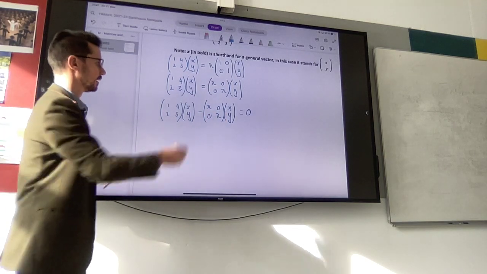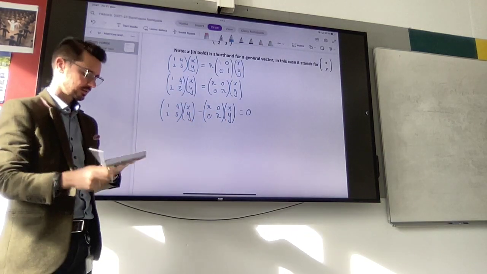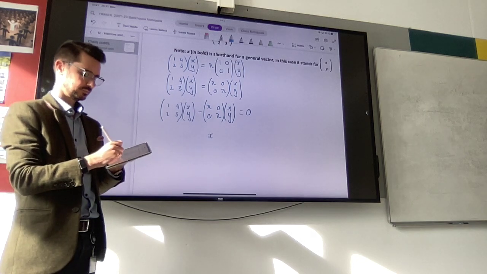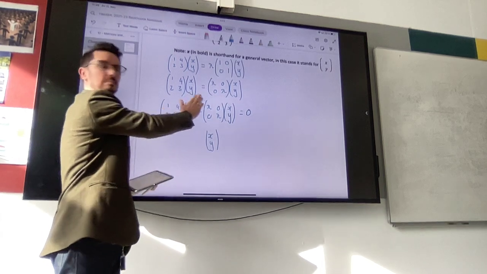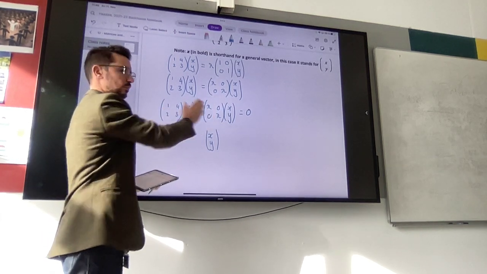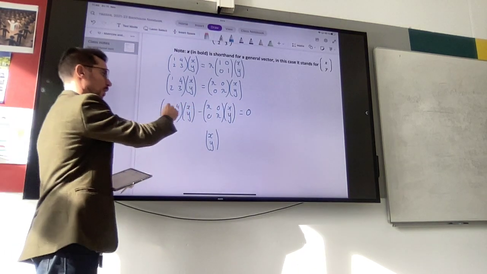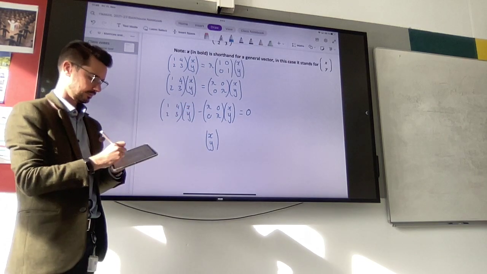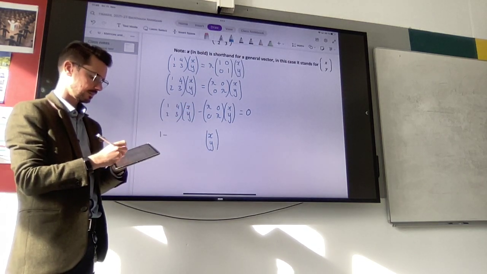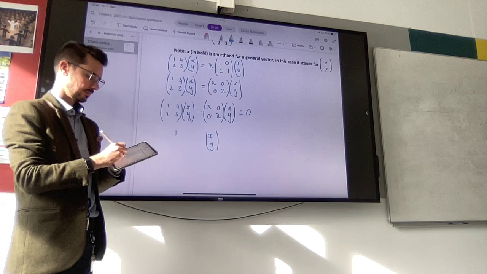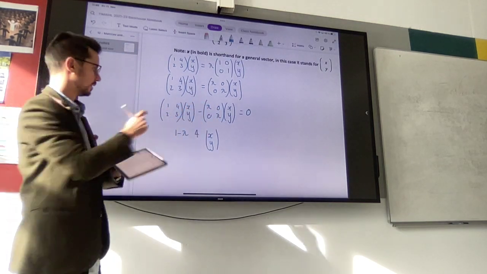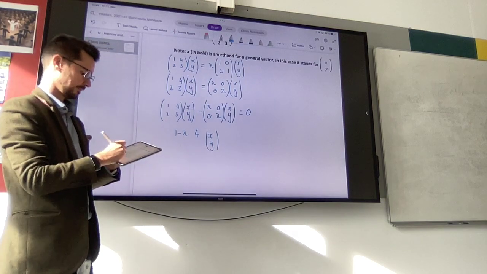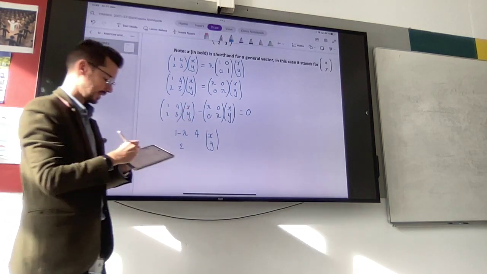So I'm going to take xy out as a factor. And I'm going to do this matrix minus this matrix, which will look like this. 1 minus lambda. Oh, that's a bit too much space, I think. 1 minus lambda. 4 minus 0. 2 minus 0, and 3 minus lambda.